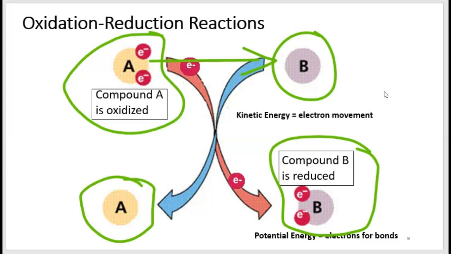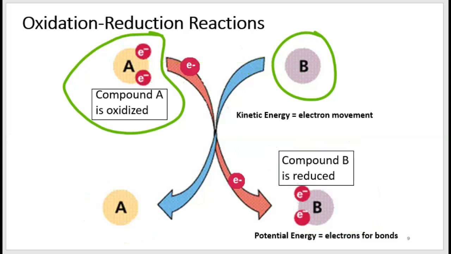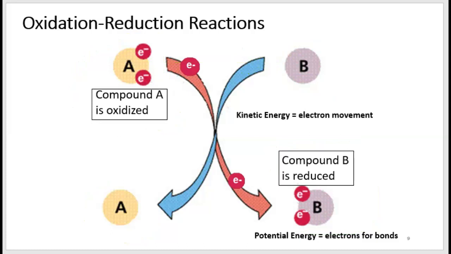I want to talk about oxidation reduction because this relates to what we talked about with ion formation. Remember, when a compound, molecule, atom, whatever it is, loses an electron, it becomes oxidized. So A is oxidized because it loses electrons.